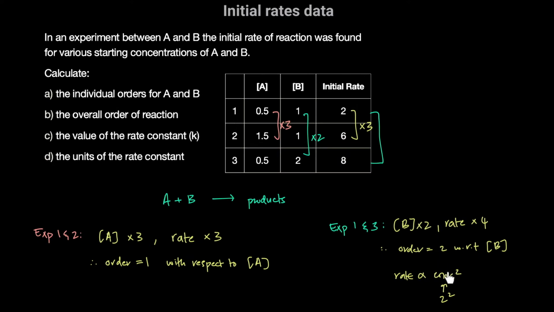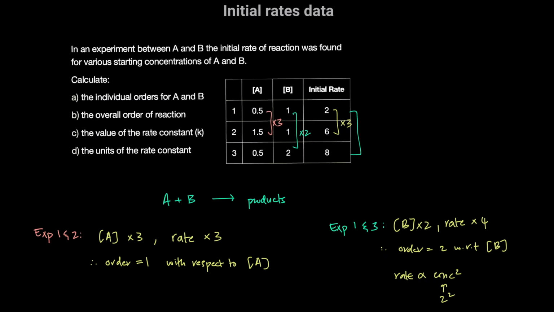Order 2 means that the change in concentration was by a factor of 2, so the rate changed by a factor of 2 to the power of the order, which is 2. So the rate changed by a factor of 4. If I triple the concentration, the rate would have changed by a factor of 3 to the power of 2, which is 9. It would have been 9 times faster.